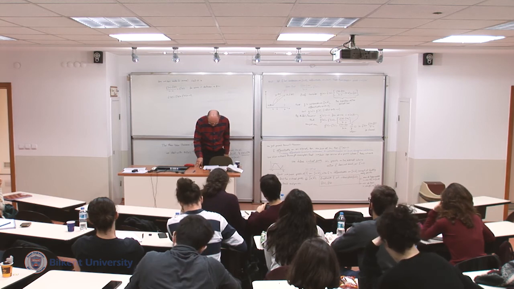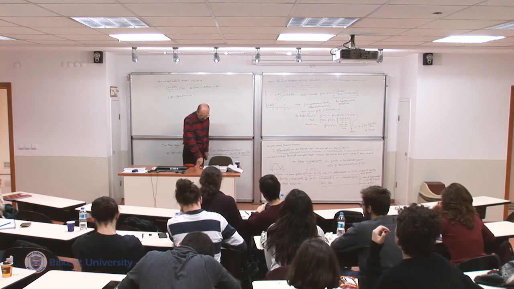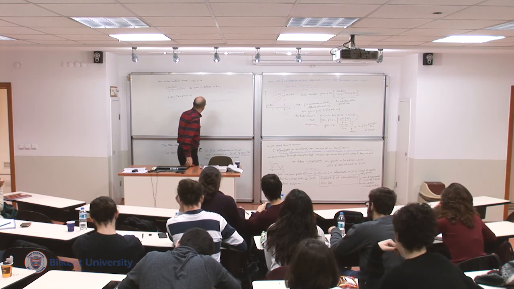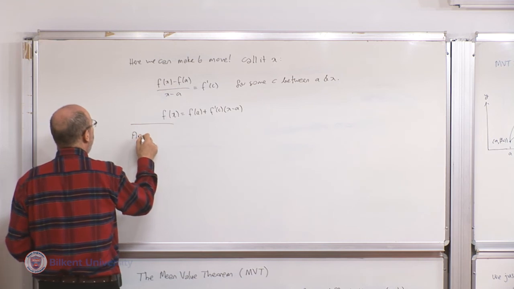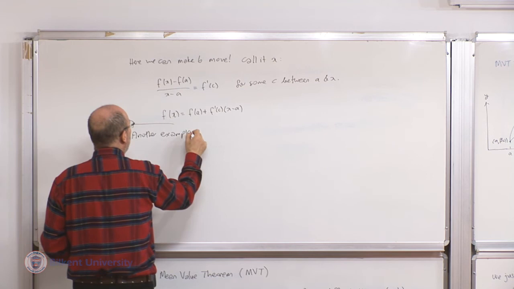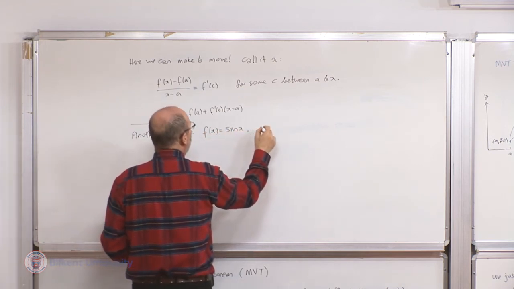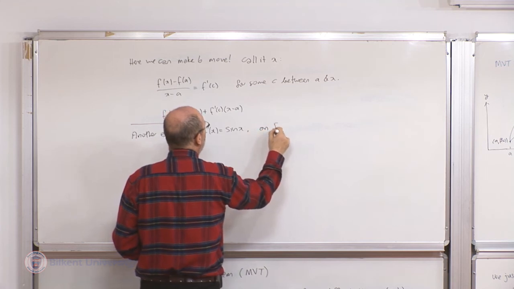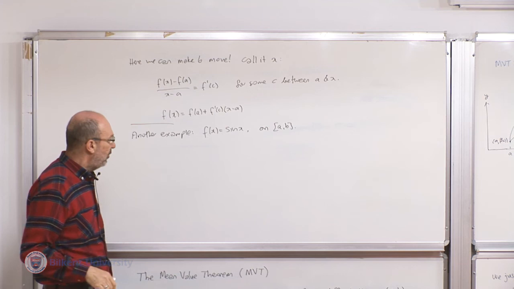Okay, so now as an example, we want to prove a trigonometric identity about things. So another example. So suppose f of x equals sine x on a, b. Okay, sine is a periodic function.